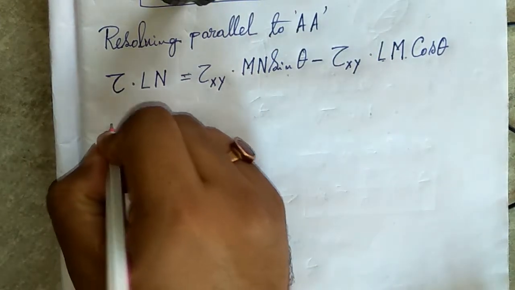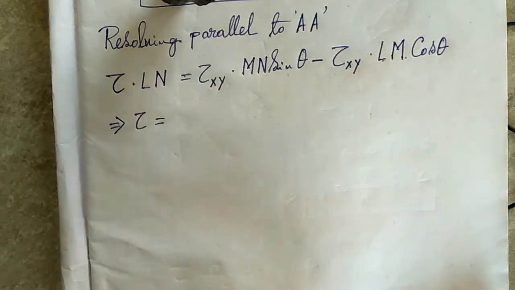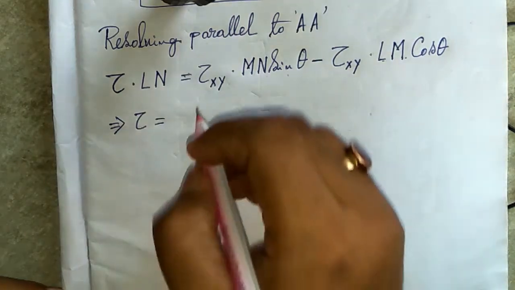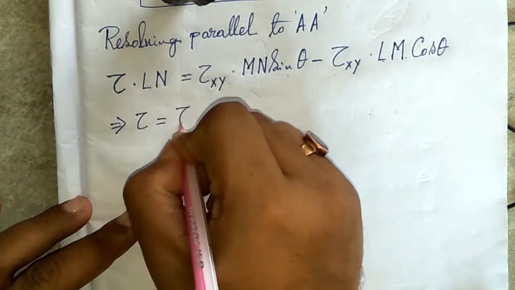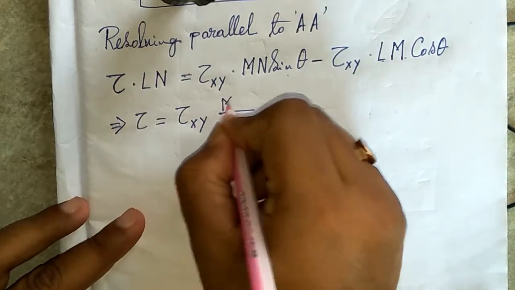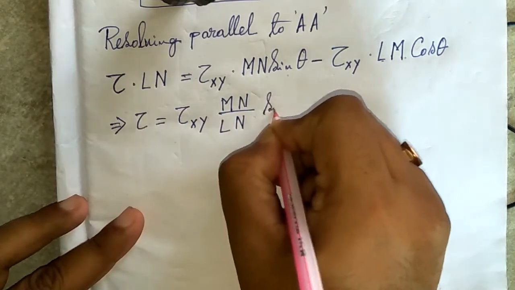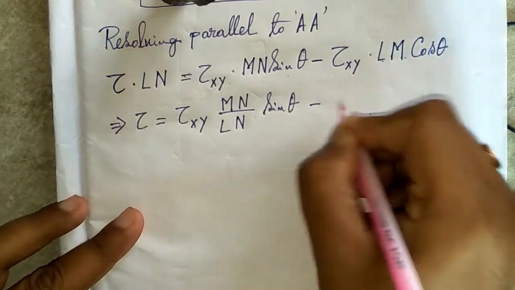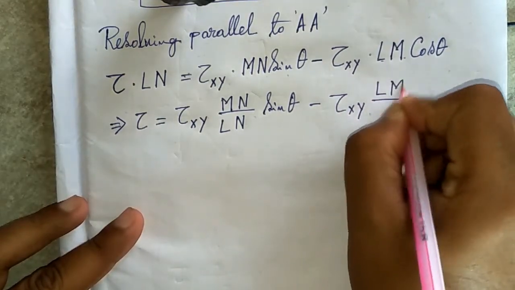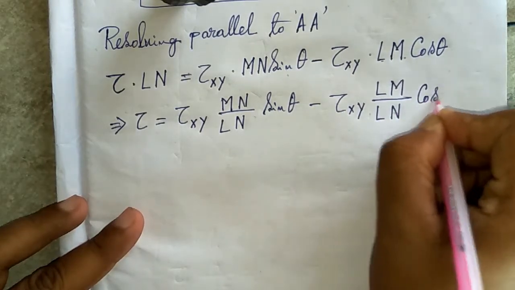So the value of tau is equal to tau xy into mn by ln into sin theta minus tau xy lm by ln cos theta.